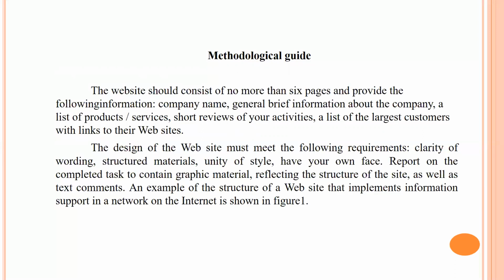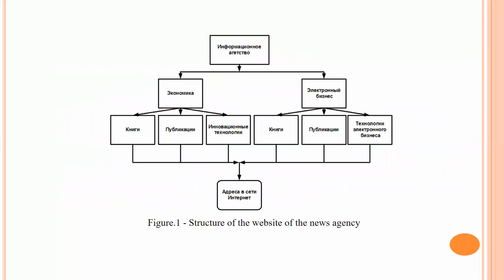The report on the completed task should contain graphic material reflecting the structure of the site, as well as text comments. An example of the structure of a website that implements information support in a network on the internet is shown in Figure 1. Here you can see the structure of the website of the news agency.